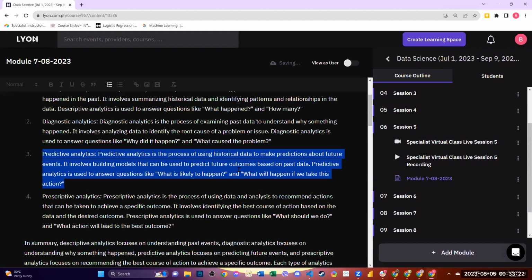So given our data from descriptive analytics, we found out that there is a seasonal pattern in our sales. Given that, we can have a prediction for our sales next month.